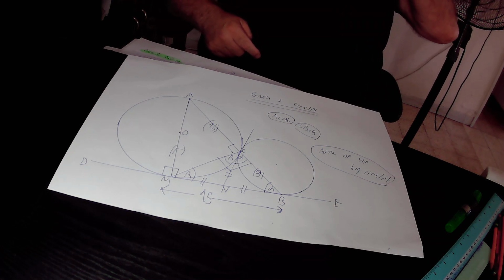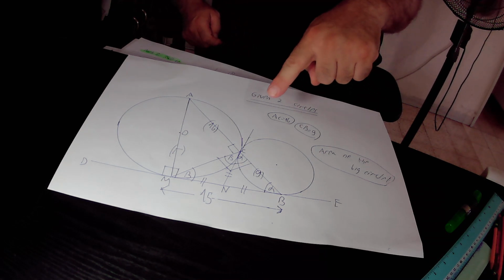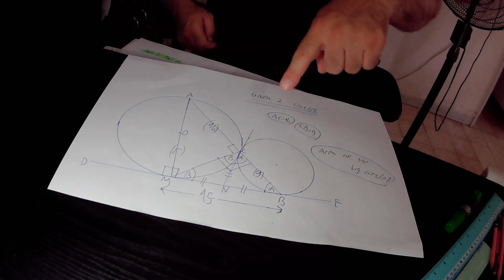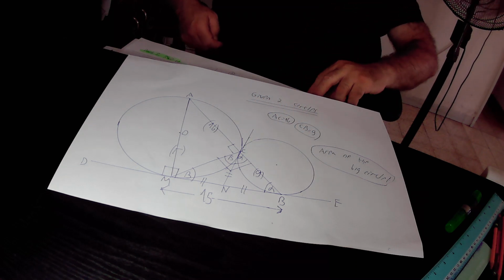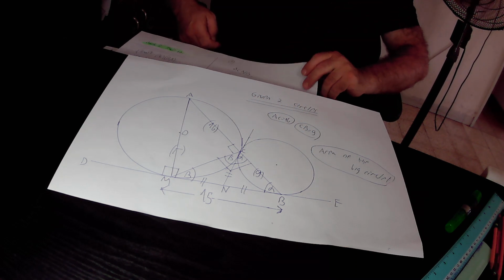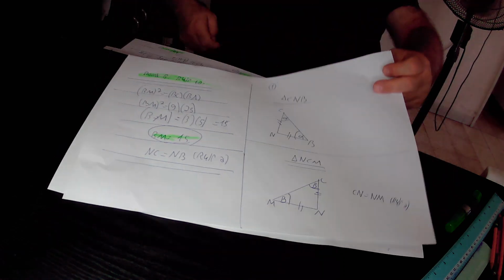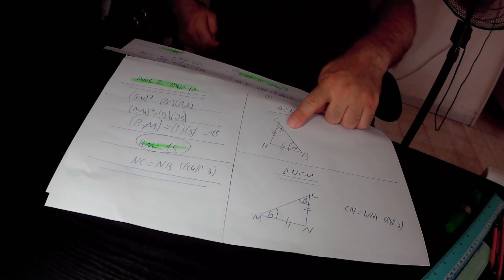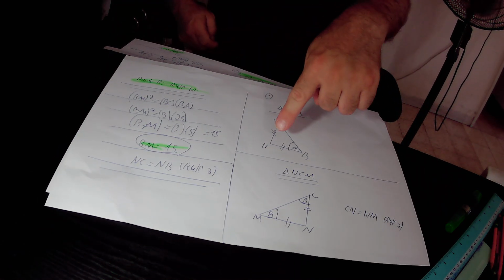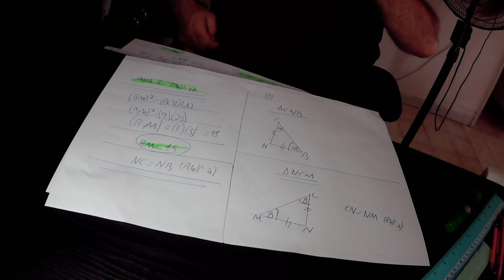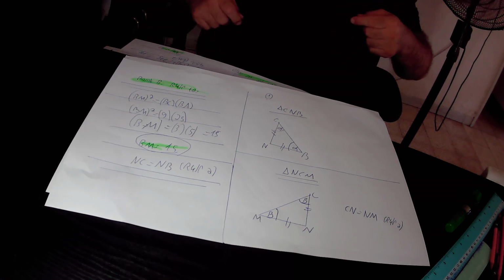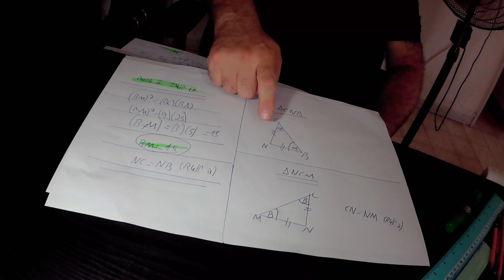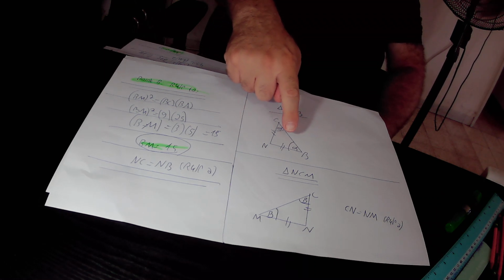In the next step, I copied this triangle CNB onto a new page to analyze it. This is triangle CNB, where according to rule 2, CN equals NB. And we have the rule that opposite equal sides in a triangle there are equal angles. Opposite this side CN, we have this angle CBN.